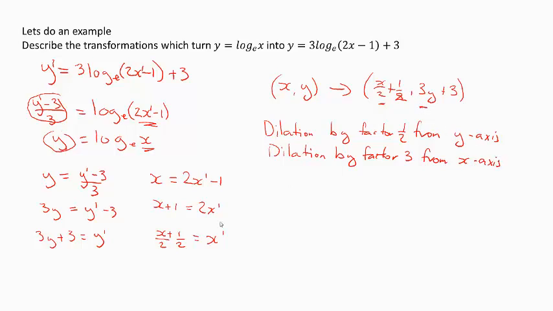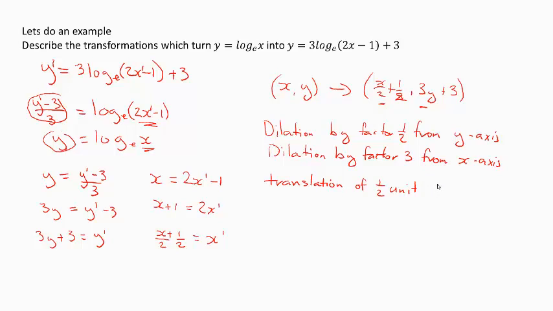So there's our dilation. There's no reflection going on here, but there is a translation. Translation of half a unit. This is going in the plus direction, which is to the right.